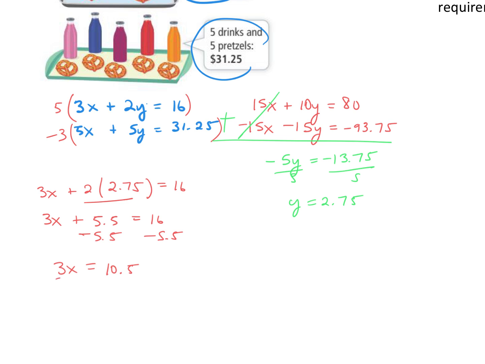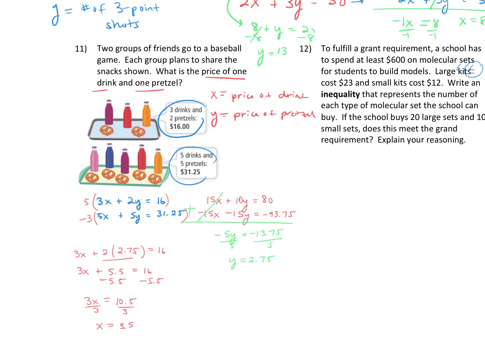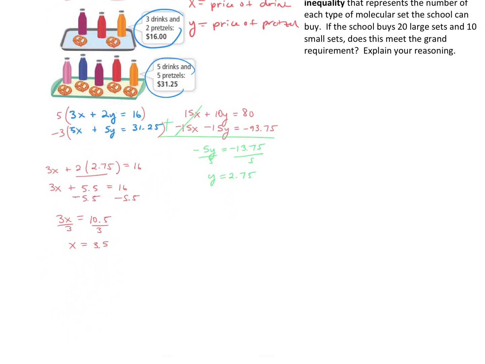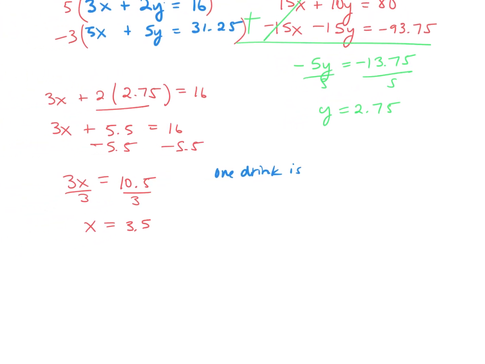And then when we divide both sides by 3, we get x equals 3.5. All right, so let's answer the question. The question was, what is the price of one drink and one pretzel? So we can say one drink, whoa, let me zoom in. One drink is, I already forgot.